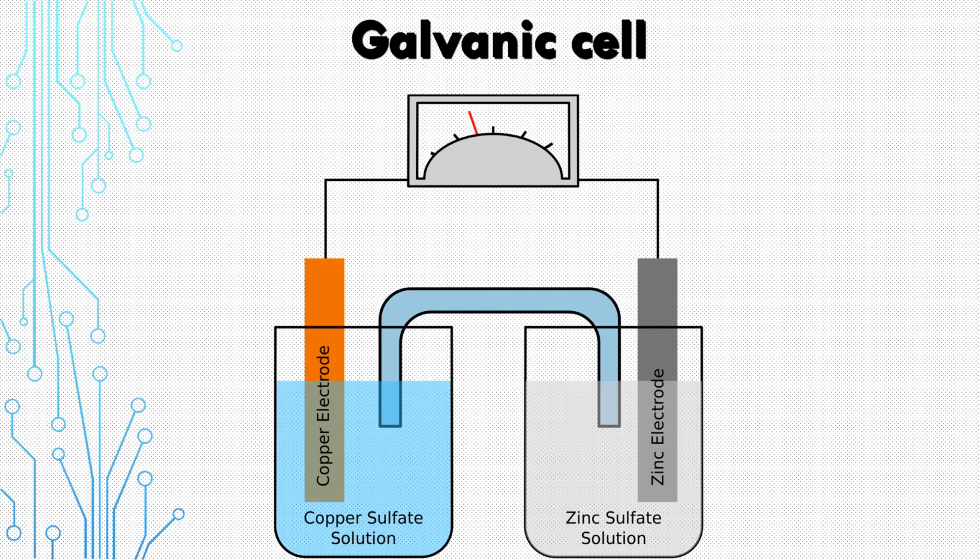We've got two electrodes. The zinc electrode acts as the anode and the copper electrode acts as the cathode. In this case, wires connect the metal rods with a voltmeter, and the metal rods are suspended in the solution of their own ions.